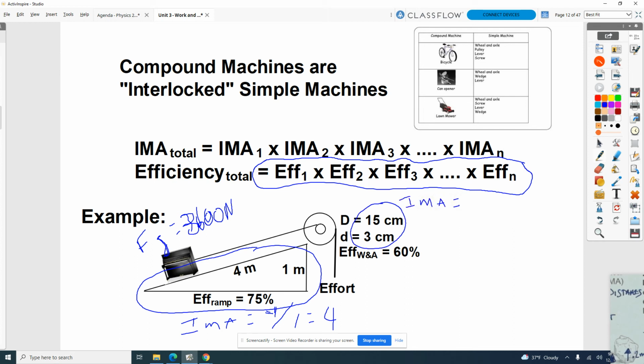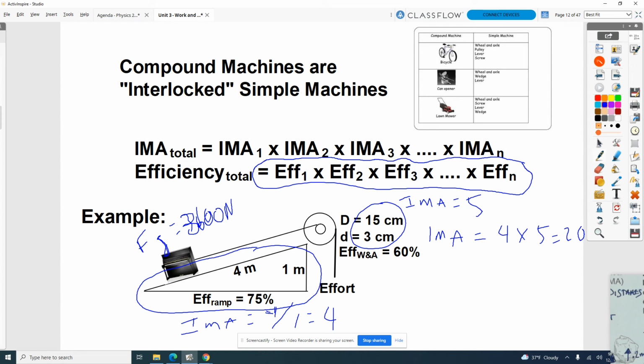It's a ratio of the big D to the little d, so the IMA there is 5. Now if I wanted to get the overall IMA, the IMA total for this would be 4 times 5, which would be 20. And so ideally we'd get a 20 times multiplier. It'd be 20 times easier to lift that object than it would be to do it manually.